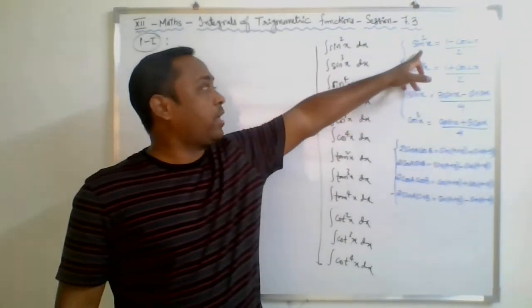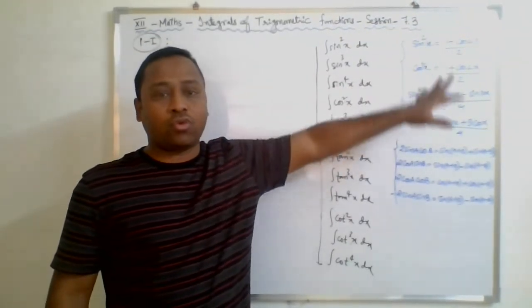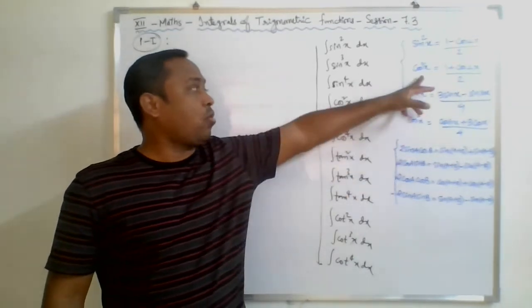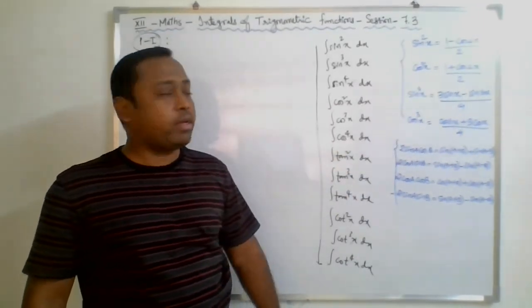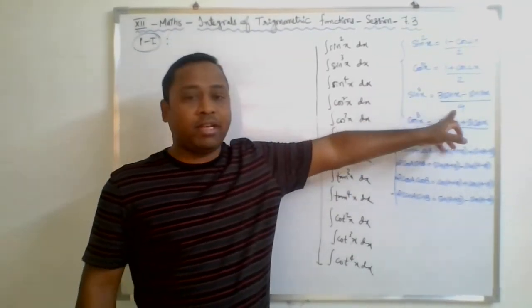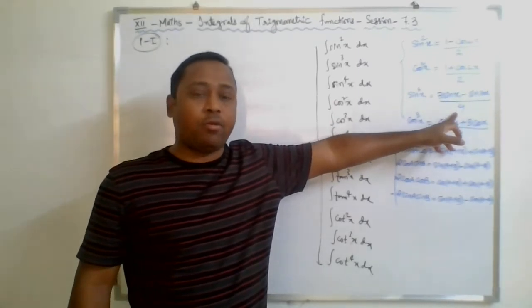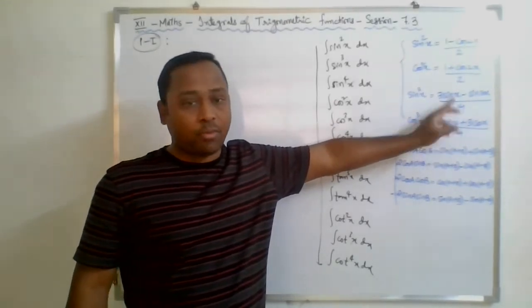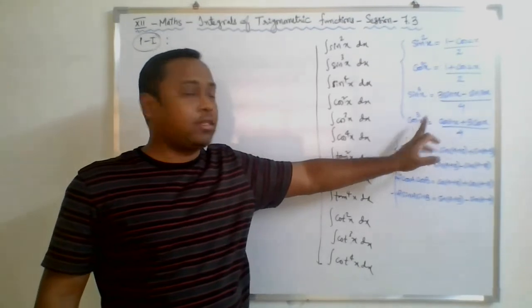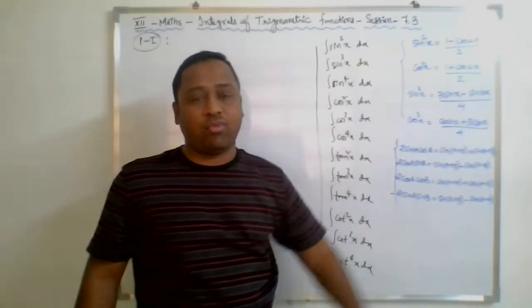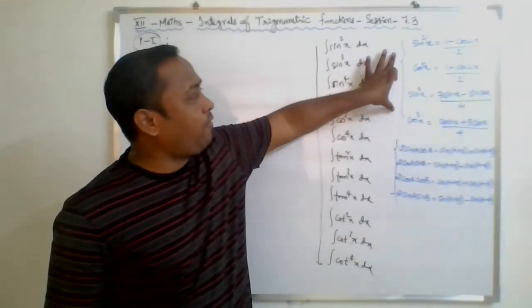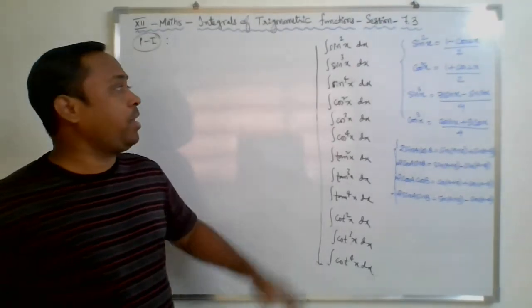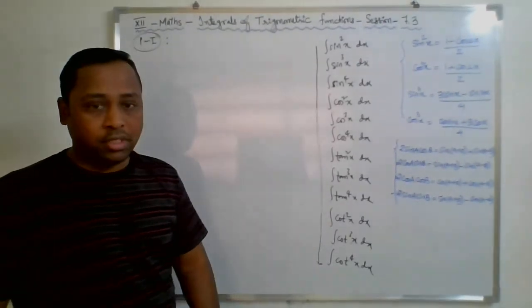So sin square x can be written as (1 minus cos 2x) by 2, cos square x as (1 plus cos 2x) by 2. Sin cube x is obtained from the sin 3x formula, and cos cube x is obtained from the cos 3x formula. So by using this first set of formulas, we will be able to solve these questions.